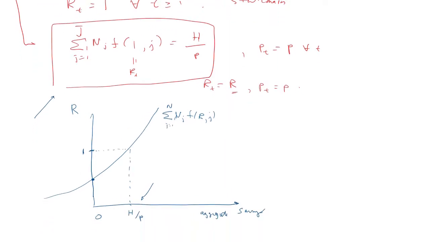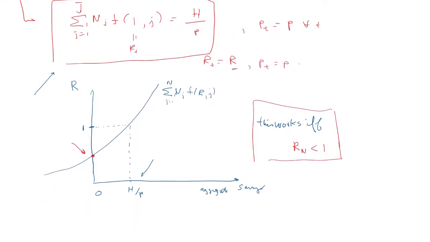And this works if, and only if, we'll put this here, our non-monetary equilibrium was less than 1. So if the curve looks like this, I'm in business. So a monetary equilibrium may or may not exist.